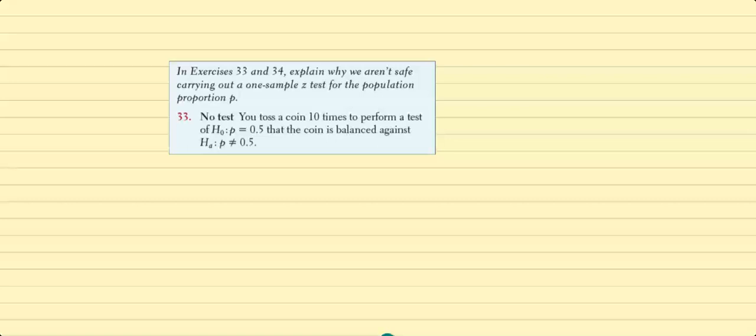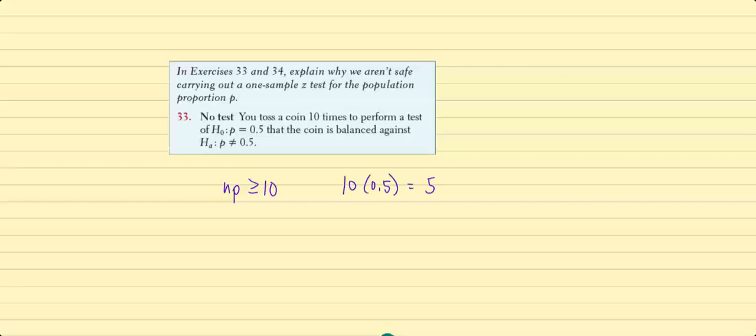Okay, so in this problem, we toss a coin 10 times. The randomization is taken care of because when you toss a coin, it's going to be random as to your result. And then we want the large counts, which would be n times p greater than or equal to 10. Our n in this case is 10, our p is 0.5, and that equals 5.